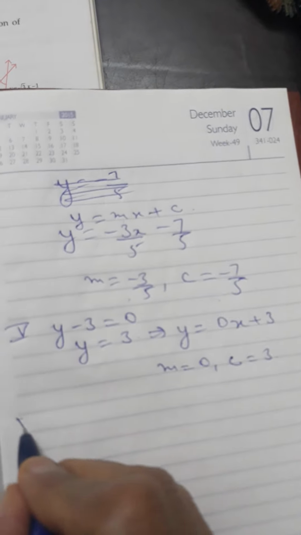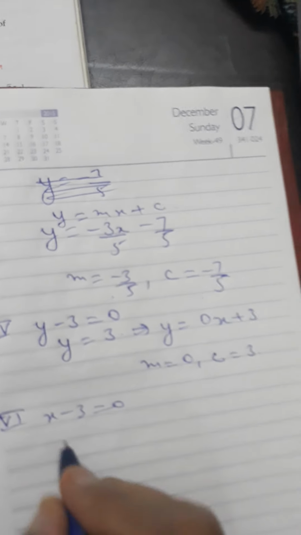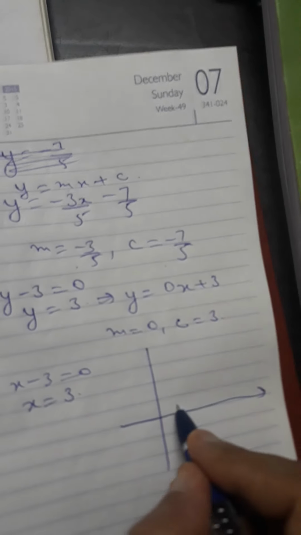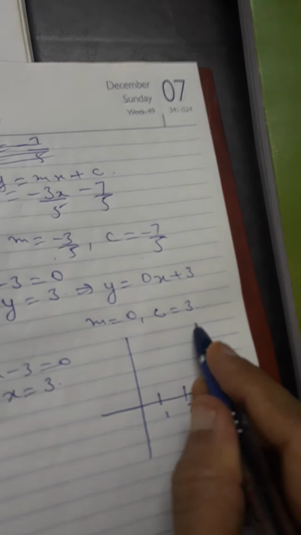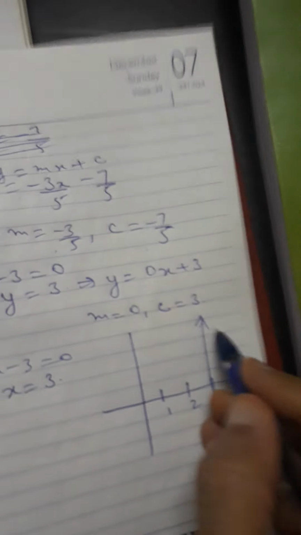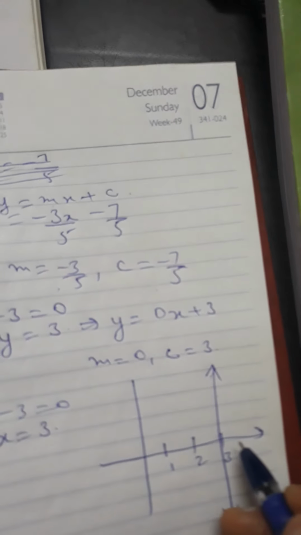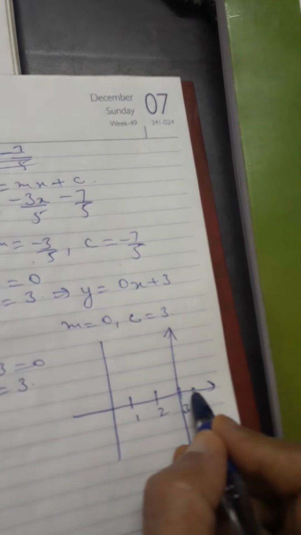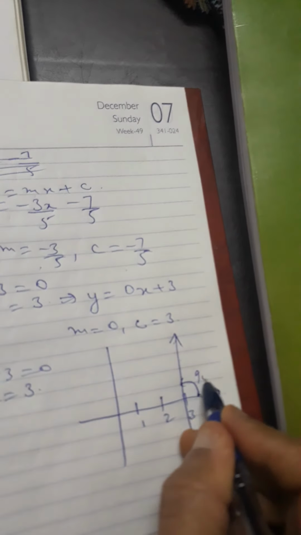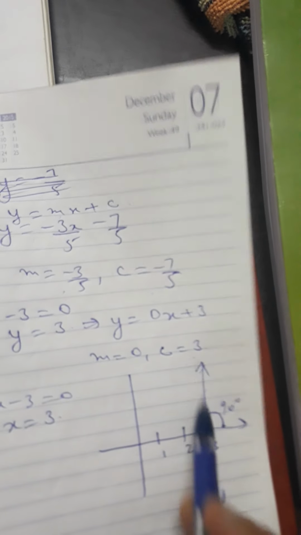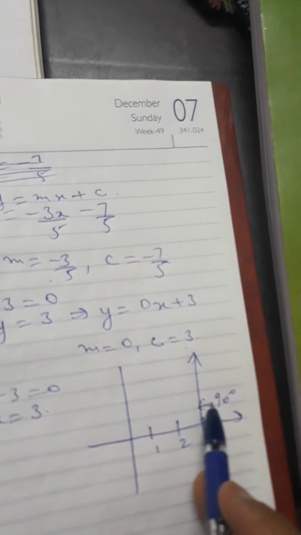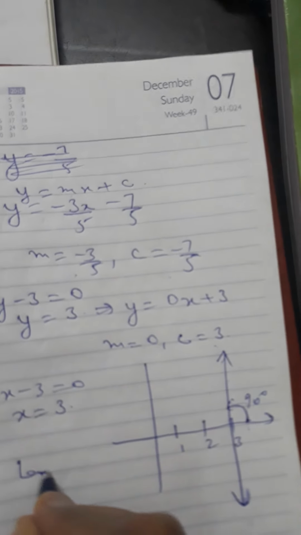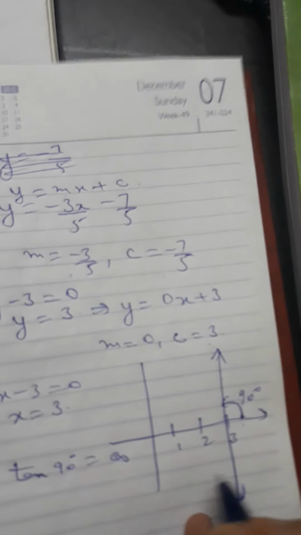Now similarly, the sixth part: x minus 3 is equal to 0, so x is equal to 3. If you remember, the x is equal to 3 line looks like this. Its inclination with the positive direction of the x-axis is 90 degrees, because it is perpendicular to the x-axis. So tan 90, the slope, is infinity, which is not possible.